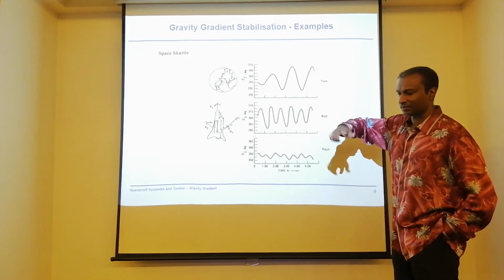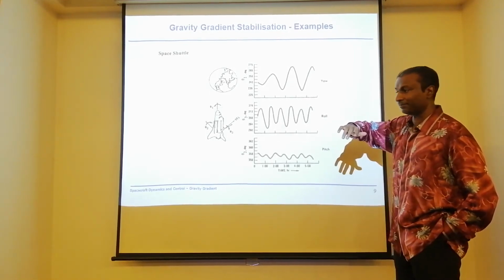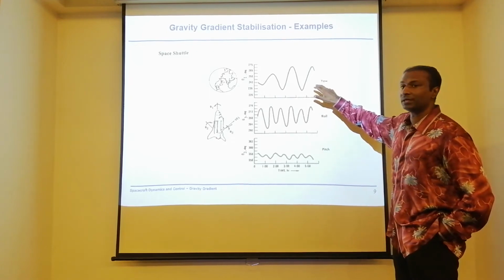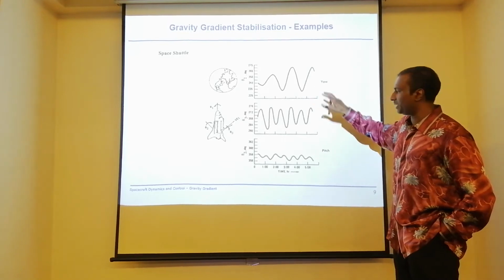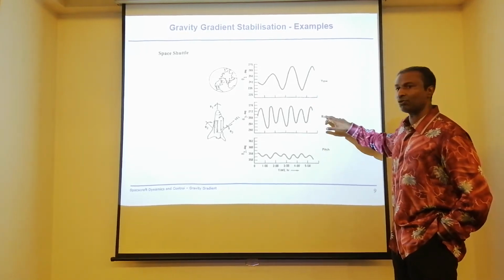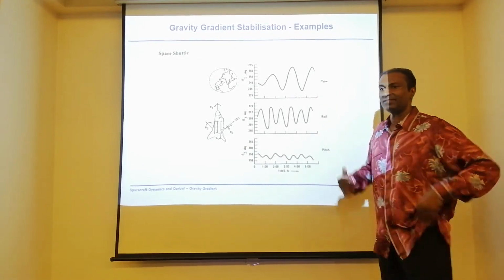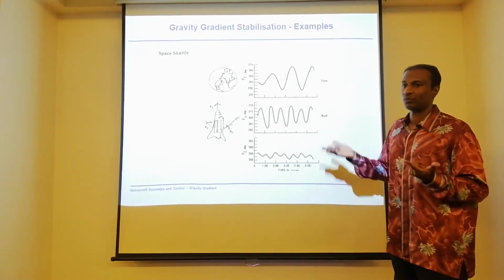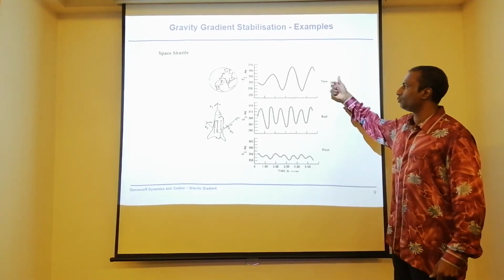Yaw starts out not too bad, but as we know, at the yaw axis there is no direct influence. Because the pitch and the roll are being affected by the gravitational pull, the yaw is eventually also affected. Why? Because the roll is coupled with yaw.